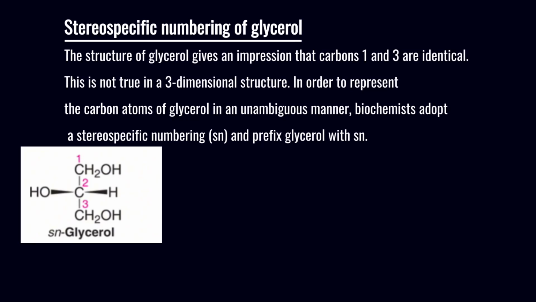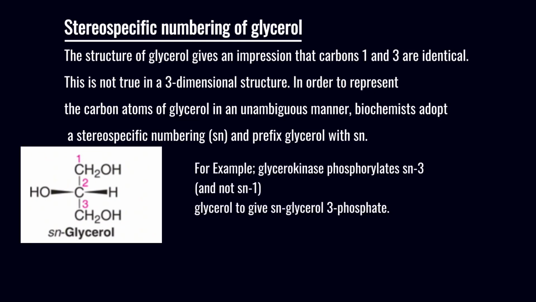It should be noted that the carbon 1 and the carbon 3 are different. Cells possess enzymes that can distinguish these 2 carbons. For example, glycerol kinase is an example of such an enzyme, which phosphorylates the SN3 and not the SN1.